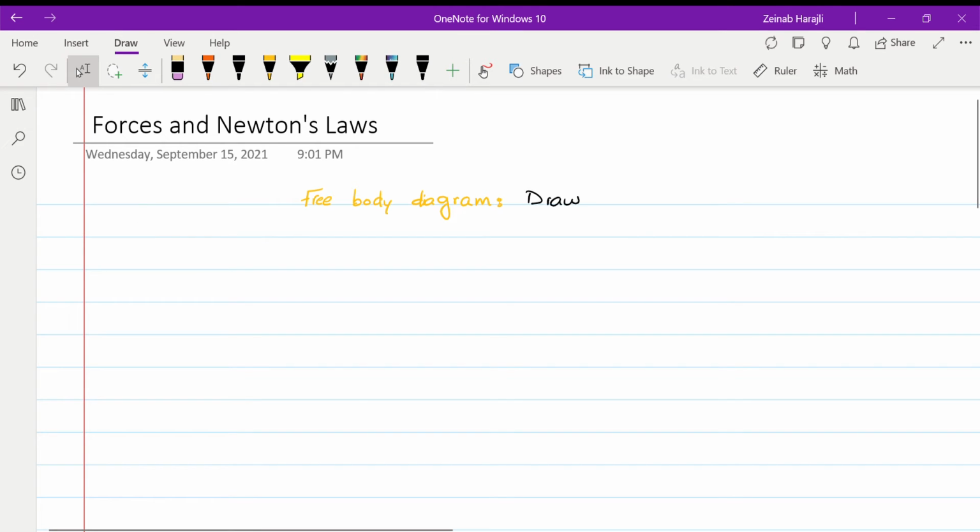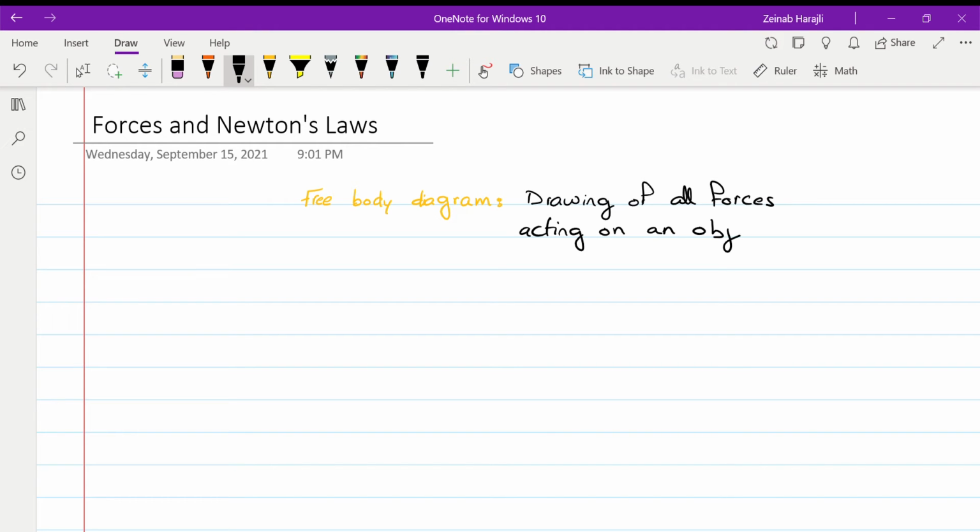So this is a drawing of all forces acting on an object. So we can draw an example here. If we have an inclined plane and there's this box over here on this incline, then we can draw the forces.